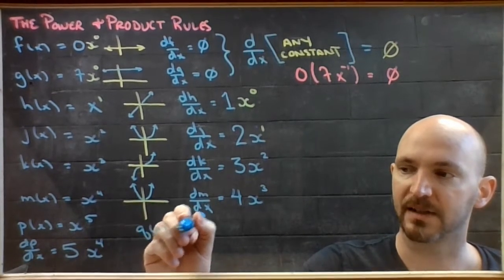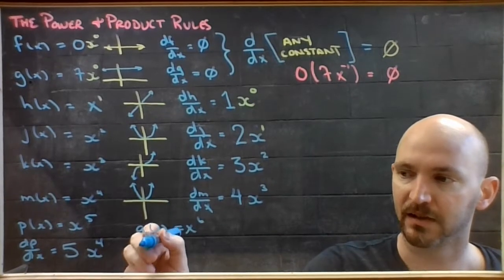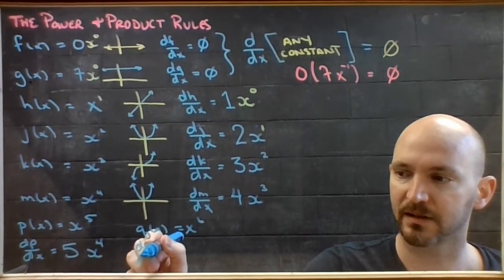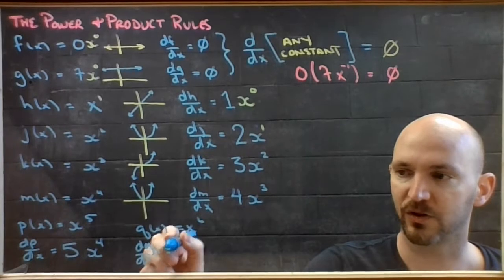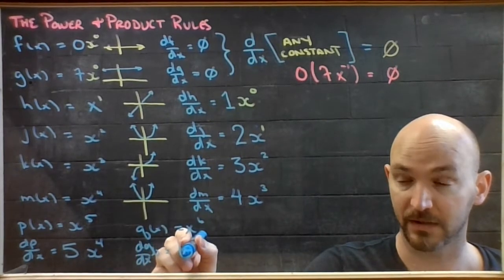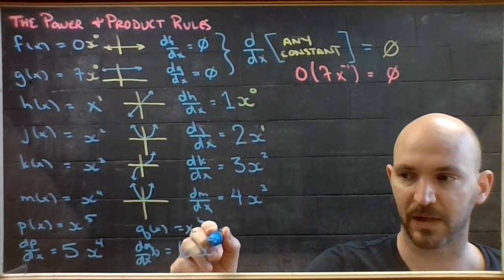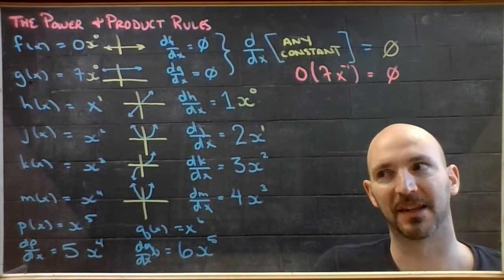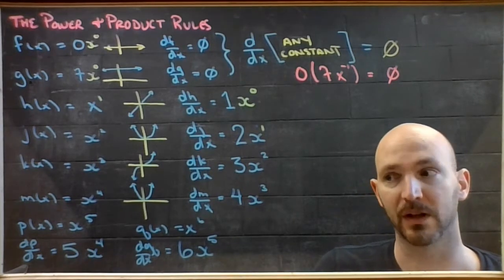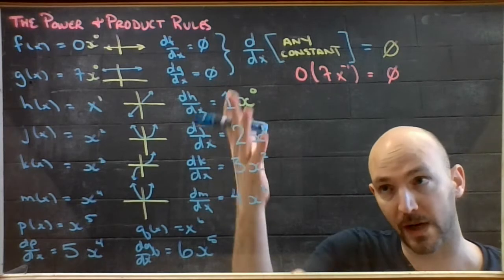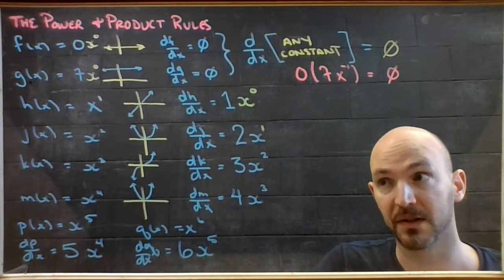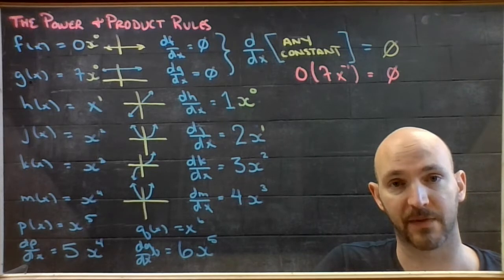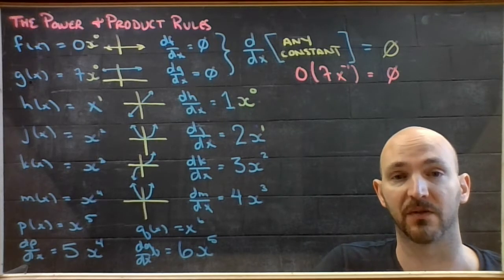If q of x is x to the 6, then dq dx should be, write the exponent in front, and then reduce the exponent by 1. Now this is a hell of a lot faster than that limit thing that we were doing before, but there's nothing wrong with it. You identified a pattern that holds for all of these polynomial type functions, and you just took advantage of it.